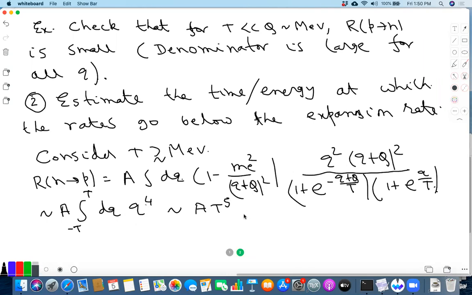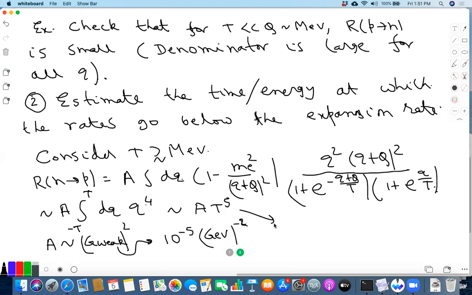Okay. And the value of A we had given. Let's just forget about the numerical coefficient. So this is G weak square, and G weak is of order 10 to the minus 5 GeV to the minus 2.